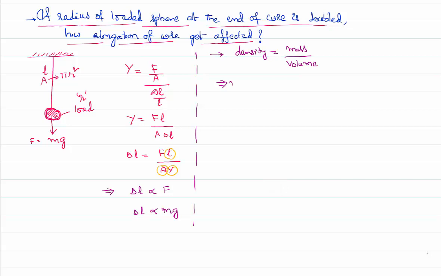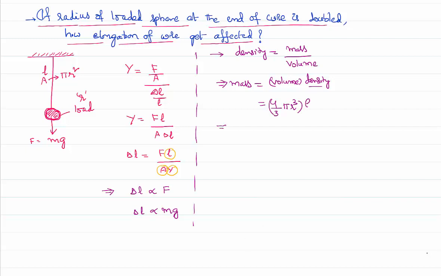As I want the mass of the sphere, I can write it as volume into density. As the sphere material is not changed, only its radius is doubled, density is constant. Spherical in shape, so volume of the sphere is 4 by 3 pi r cube, into density rho.